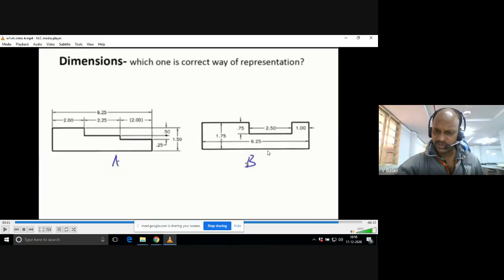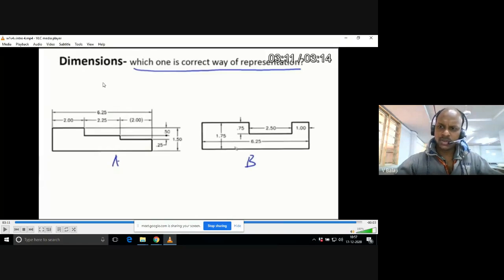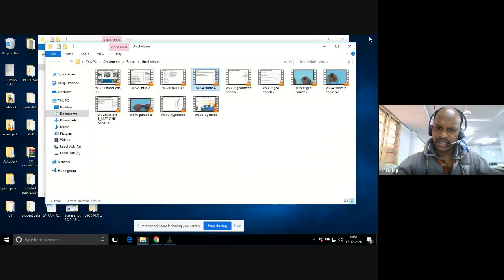That should be placed 1 centimeter away from the object. Even 1 is also kept inside. You need to draw extension lines. There only you need to mark the value. That's why this dimensioning is not correct. A dimensioning is correct.